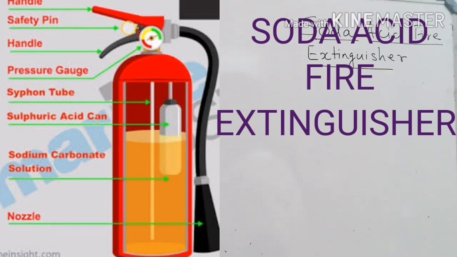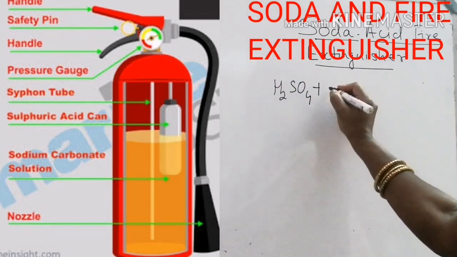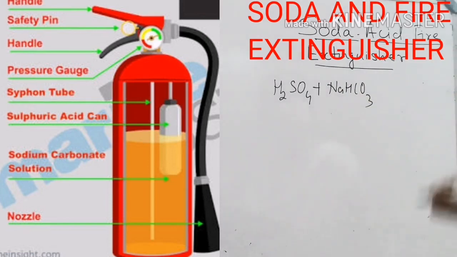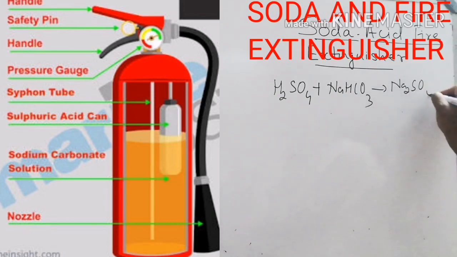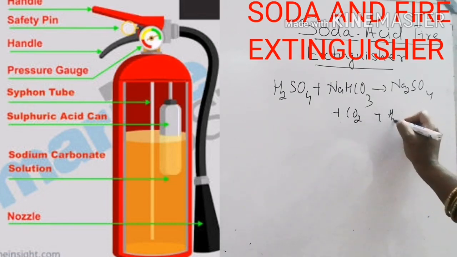During the use of the fire extinguisher, it is put upside down and the plunger is pressed. When we press the plunger, the glass bottle containing sulfuric acid breaks. Breaking this, the sulfuric acid reacts with sodium hydrogen carbonate to form sodium sulfate plus carbon dioxide and water.